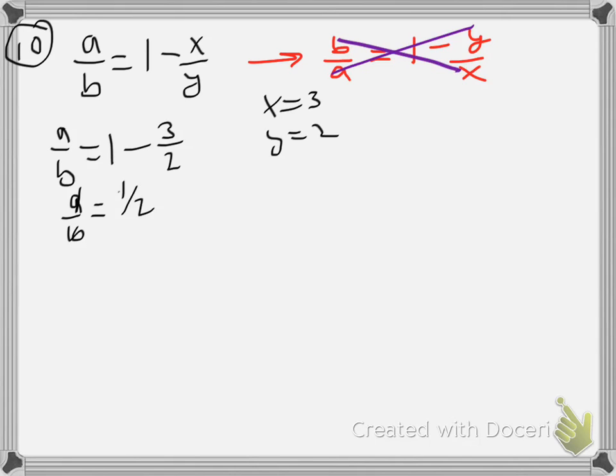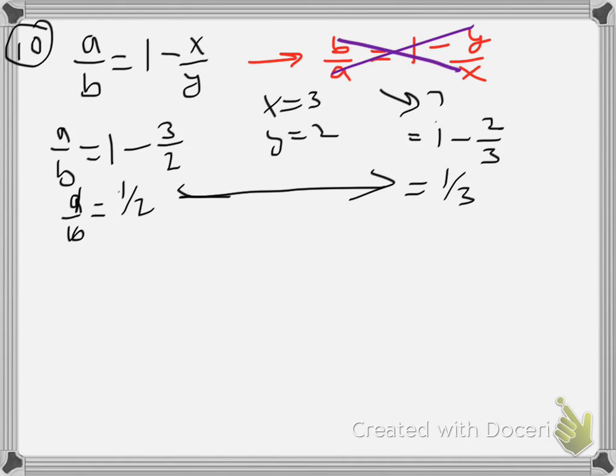The question is, will that work over here? If you believe it's b over a, it's going to be 1 minus 2 over 3. But that's 1/3, not 1/2. These are not equal, so that was a completely wrong way to do it.